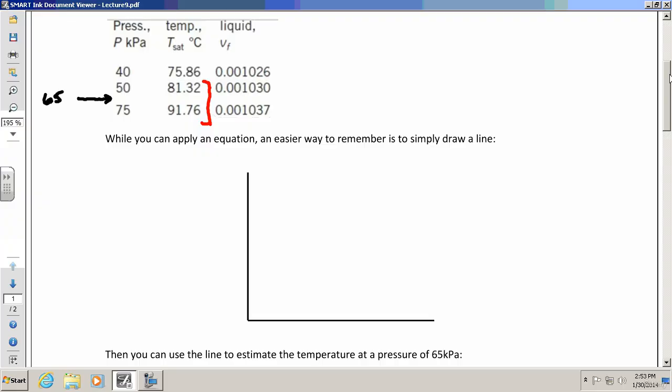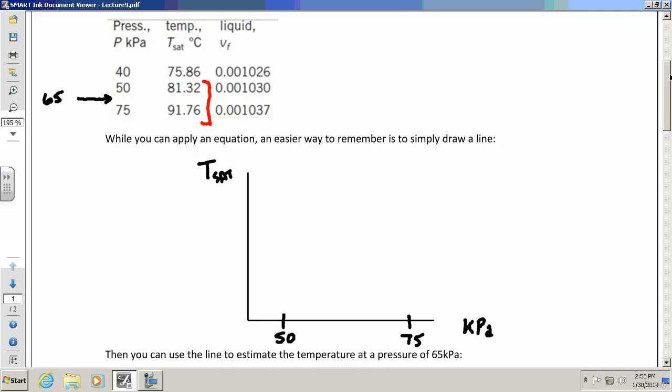Let's have this axis be kilopascals, and let's have the other axis be the saturation temperature, okay? It doesn't really matter where you put these lines. You can just arbitrarily say 50 kilopascals is going to be here, 75 kilopascals is going to be there. You have to put the two that surround the value. Obviously, if you have 65, you choose 50 and 75 because one's lower, one's higher, okay?